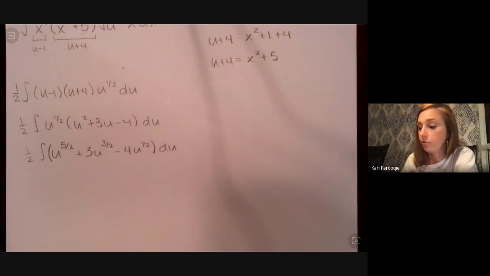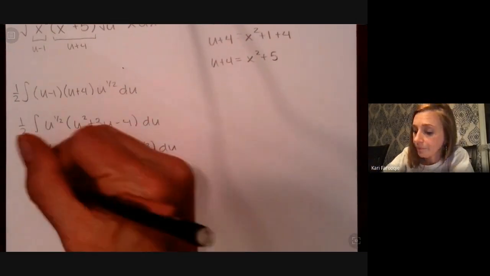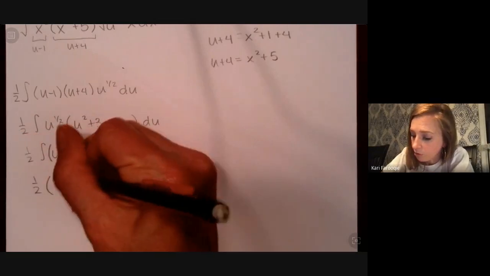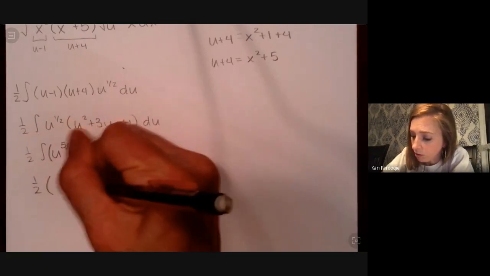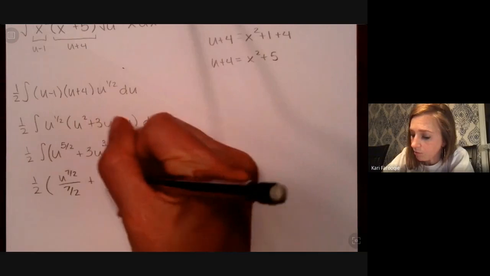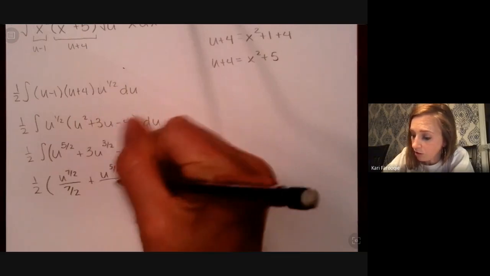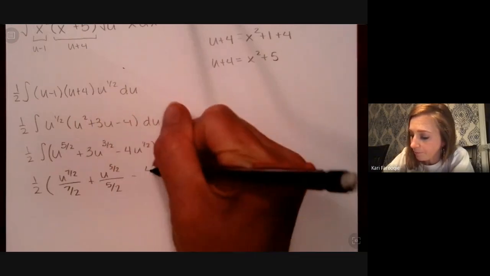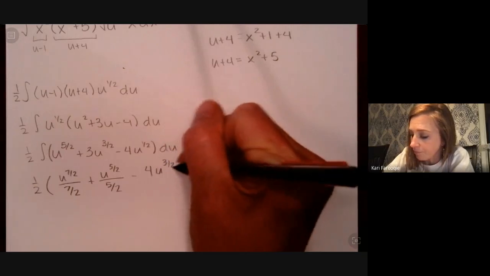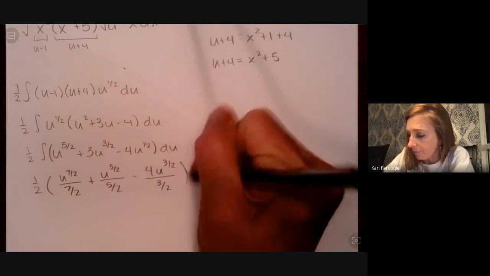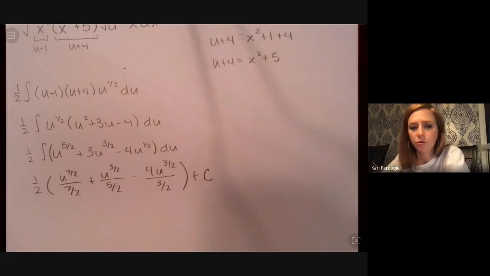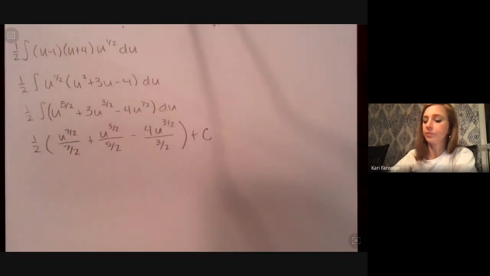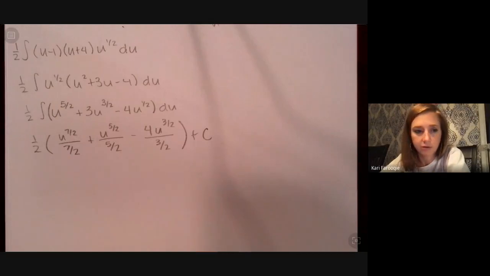Now we're ready to integrate. Increase the exponent by 1, divide by the new exponent repeatedly. And if you feel like you're getting pretty comfortable just multiplying by the reciprocal of the new exponent, that's fine, do that. But I'm the teacher and I want everything to make sense.